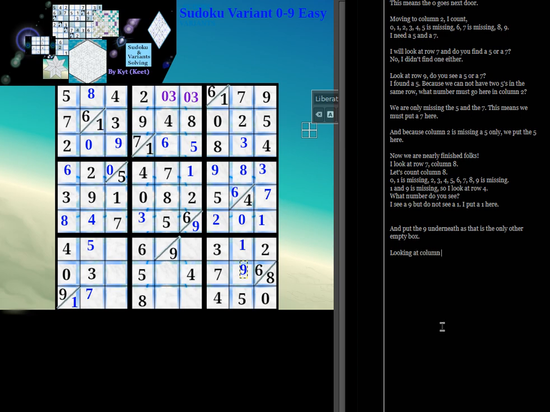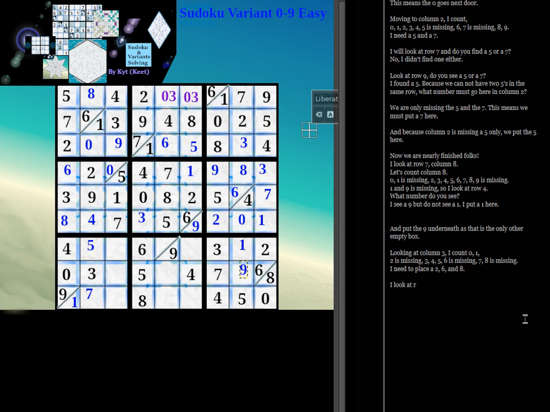Looking at column 3, I count 0, 1, 2 is missing, 3, 4, 5, 6 is missing, 7, 8 is missing. So I need to place a 2, 6, and 8.